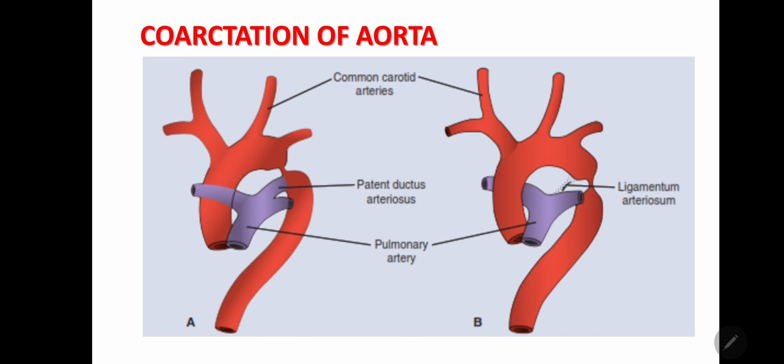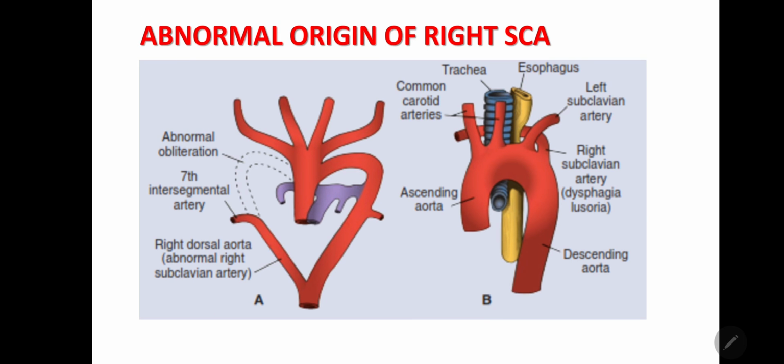And sometimes there will be a coarctation of aorta, narrowing of the aorta. So the patent ductus arteriosus with the post or preductal coarctation of aorta is very common. Then abnormal origin of the right subclavian artery. Usually the distal portion will disappear and this portion will form the proximal portion of the right subclavian artery.